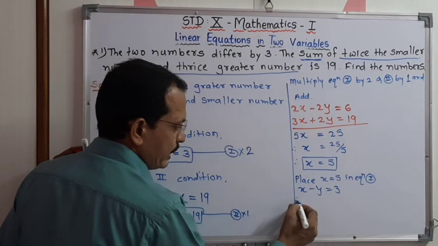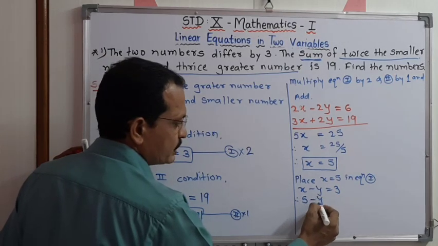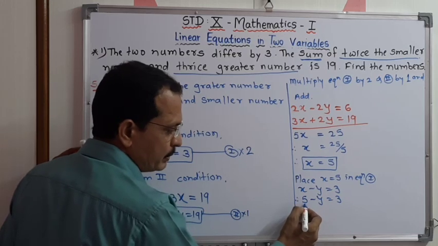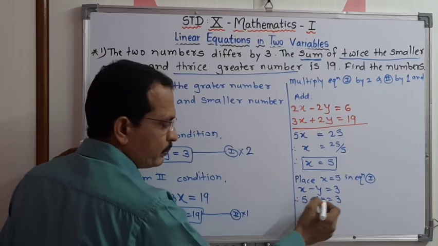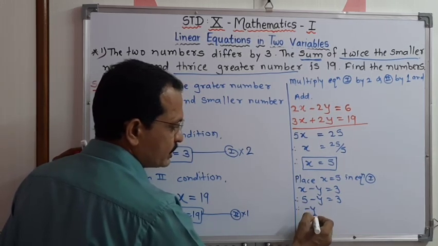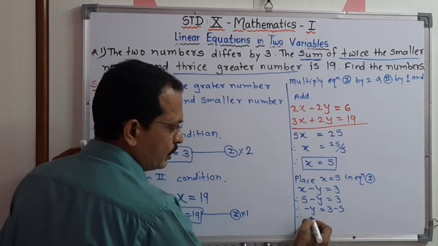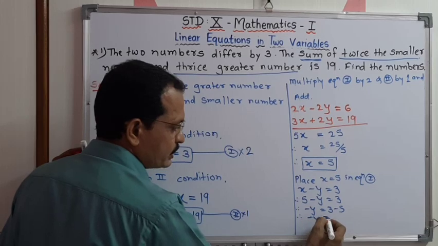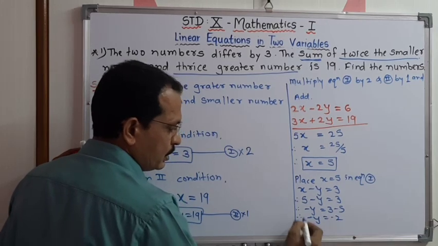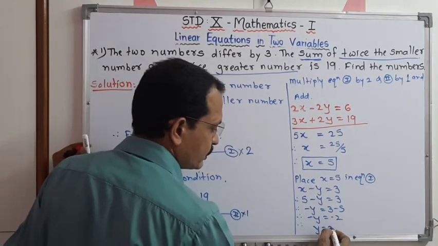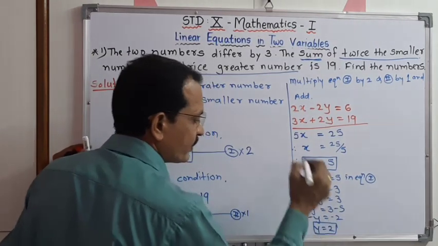X as 5, minus y is equal to 3. This we have to eliminate. Subtract 5 from both the sides. Therefore minus y is equal to 3 minus 5. We get here minus y is equal to minus 2. Multiply by minus 1 on both sides, we get here y is equal to 2.